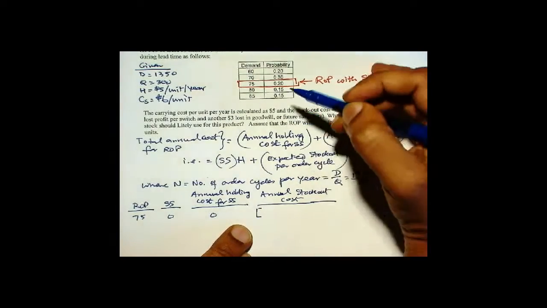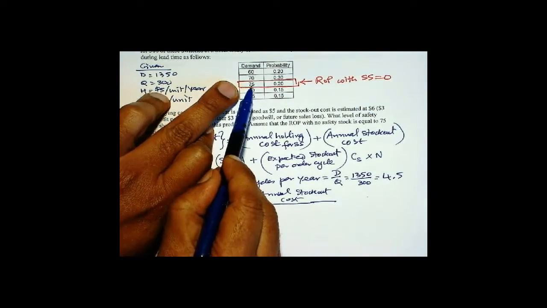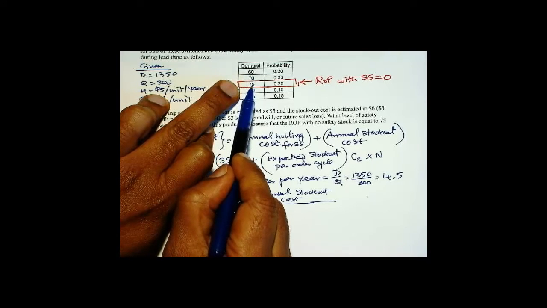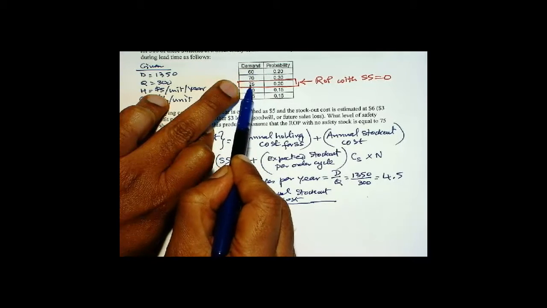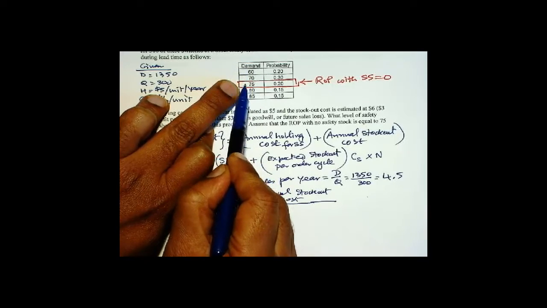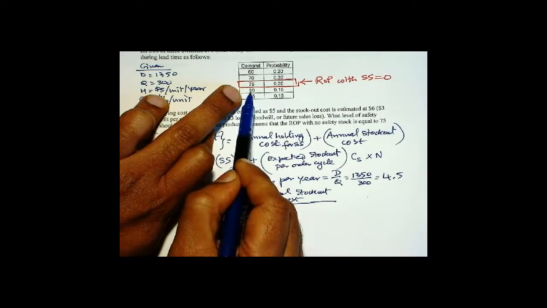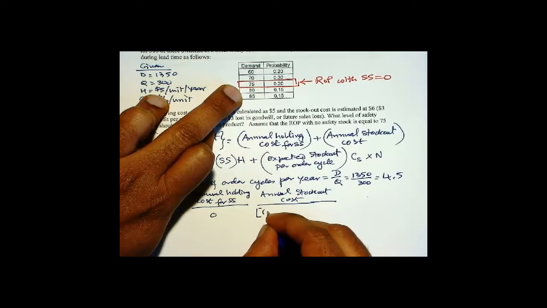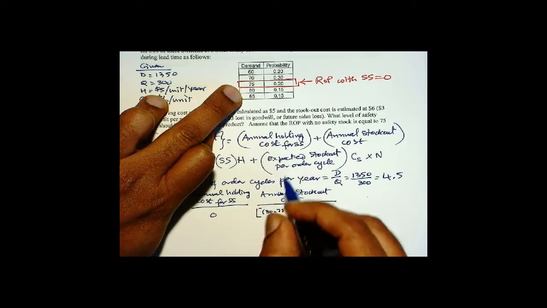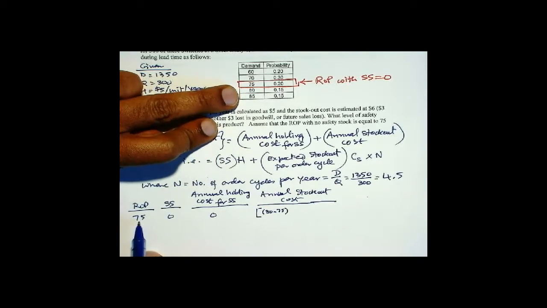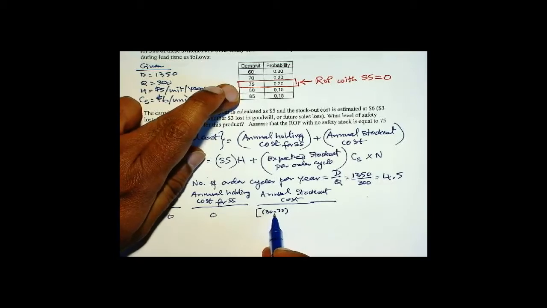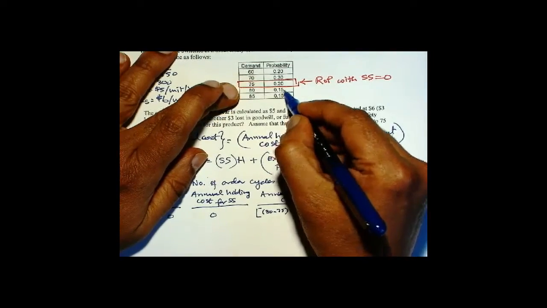Our ROP is 75. If the demand is 60 or 70 or 75, there will not be any stock out, so we don't have to worry about these three cases of demand. We have to only worry about 80 and 85. If the demand is 80, we had only 75, so you will end up with 5 units of stock out, and that probability is 0.15.